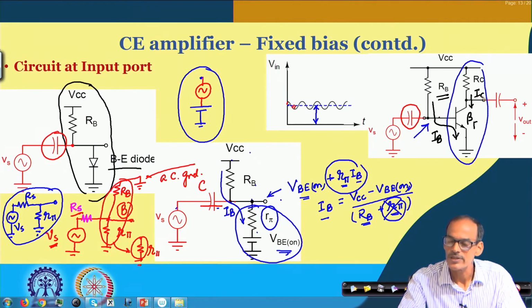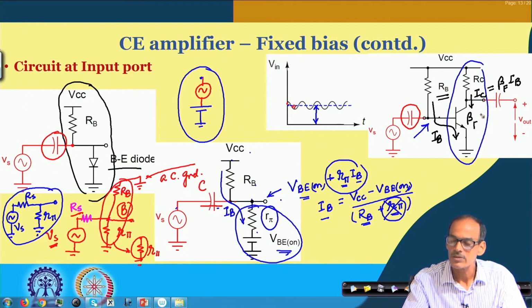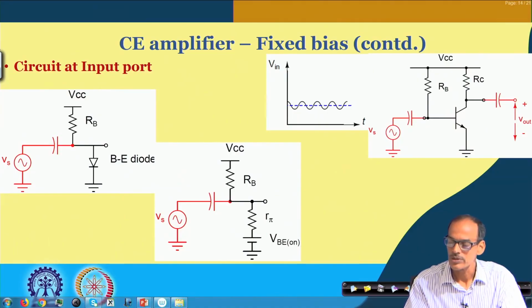So this IC comes from this IB after multiplying with beta F. Once this circuit is decided, the IC also gets decided, and then we can see what is the corresponding voltage coming here. So let us look into the output port in the next slide.